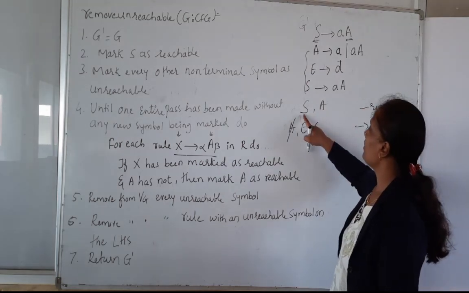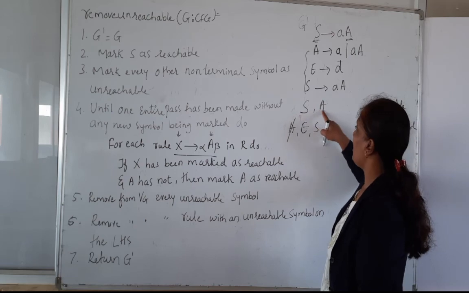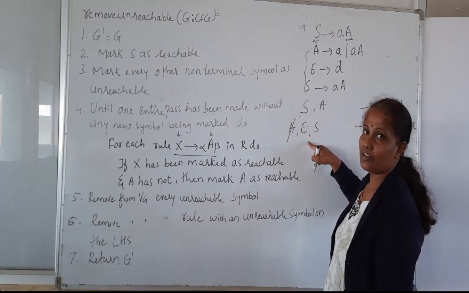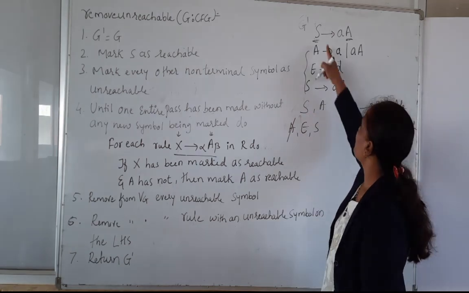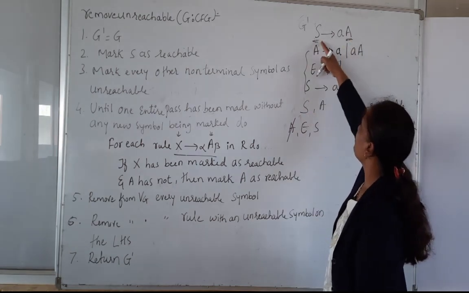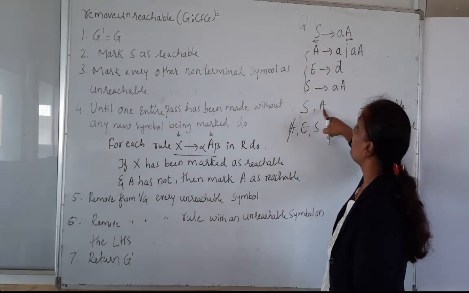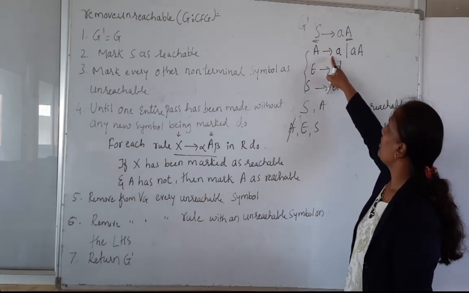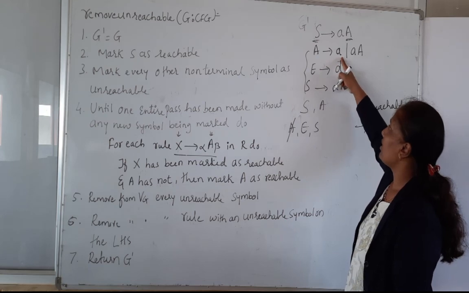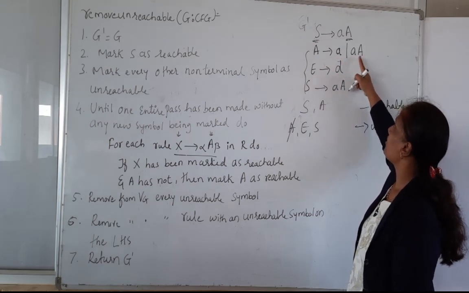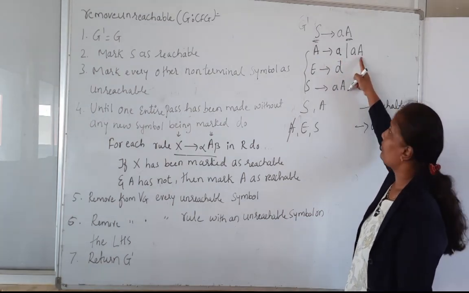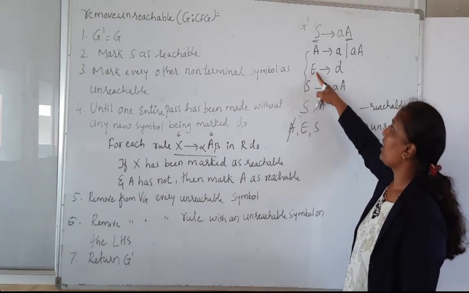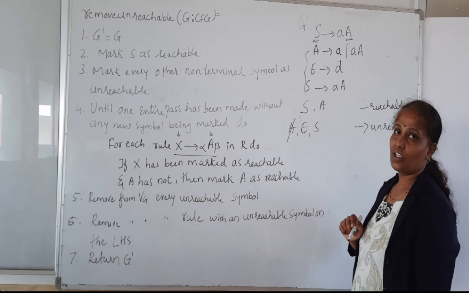Next, I should check the production of S and A to mark the next variable as reachable. S has only one production, and through S I can reach A. Through A, can I reach any other symbols? The A production has a terminal symbol in one, and another production contains A itself. So through A I can't reach any other symbols. I can't reach E, and I can't reach D here.